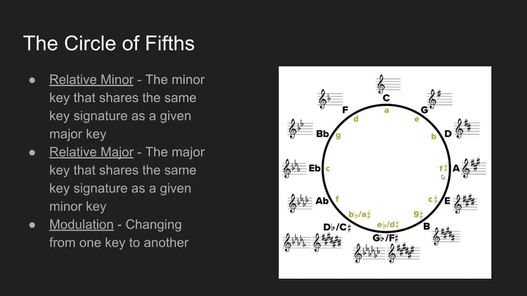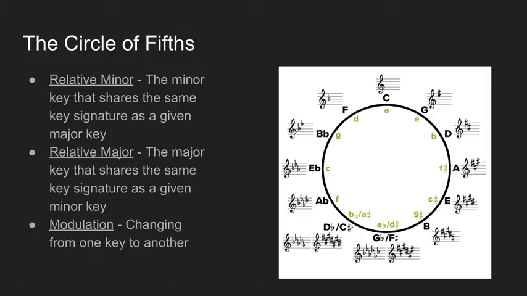So say I'm in A major and I want to modulate into a different key. I might want to pick something nearby, like E major, or say I want to get halfway across the circle, I might steadily make my way there throughout my piece of music, instead of jumping directly from here to like here or here.